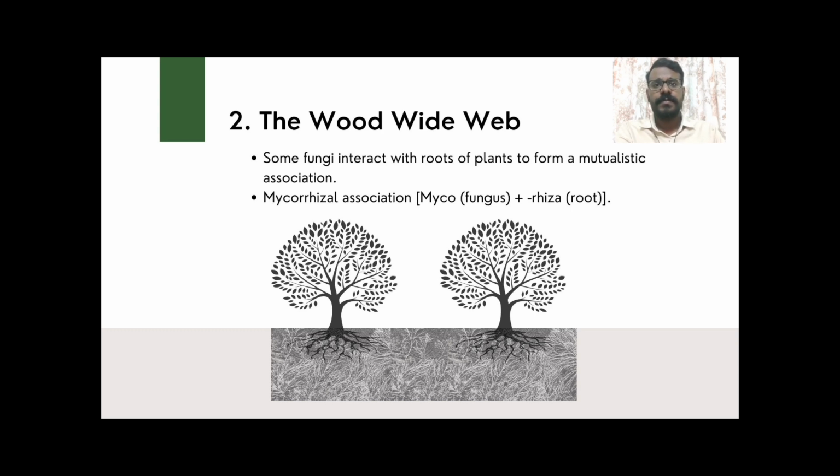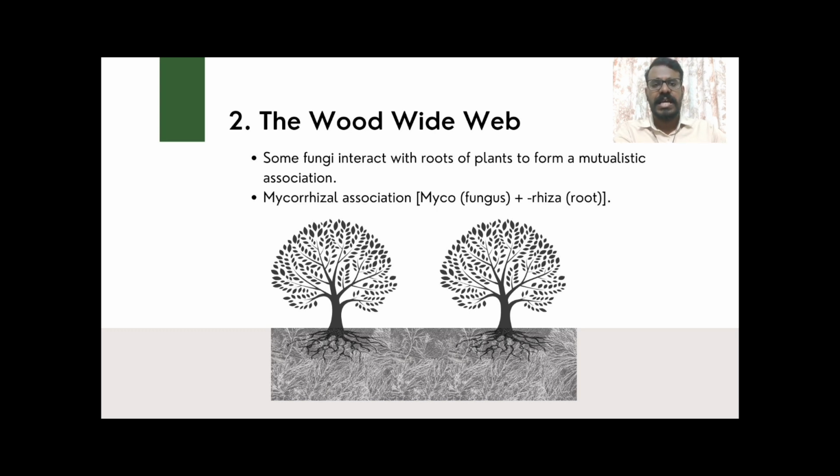Some fungi, some mushroom-forming fungi, interact with the roots of certain trees and plants. This particular interaction, or the symbiotic interaction, is called mycorrhizal association. So, in mycorrhizal association, there will be a mycosymbiont, that is the fungi, and a plant symbiont, that is a tree.